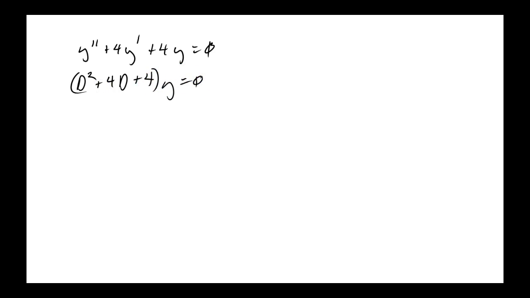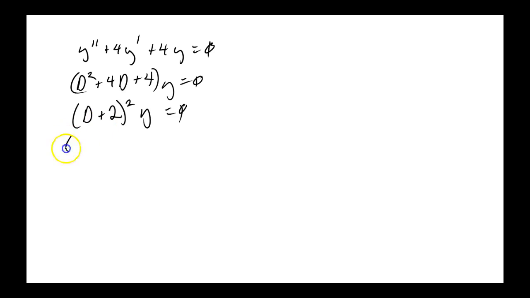That's what that means. Now, amazingly, this also means you could say this is D plus 2 squared times y equals 0. So now you went from being a second derivative in a function, a higher order differential equation, to products of lower order differential equations. First order differential equations.